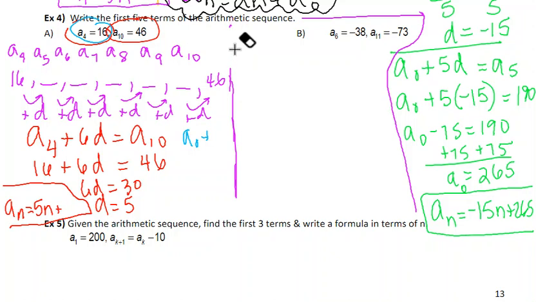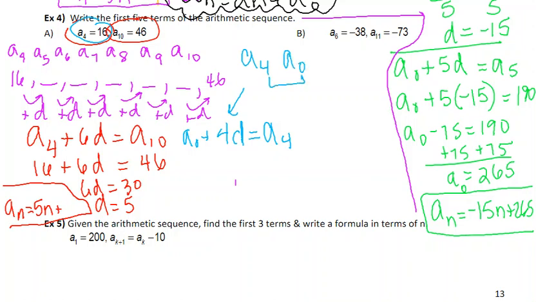So basically, I'm just going to erase this line for a second. I am going to take the 0th term plus 4 common differences, which would give me the fourth term. And how I'm getting the 4 right here is I'm just subtracting the 4 and the 0 from a sub 4 and a sub 0.